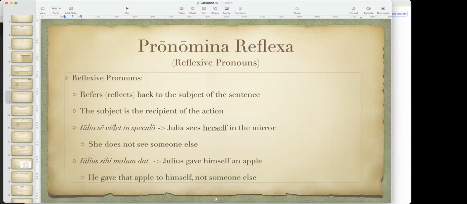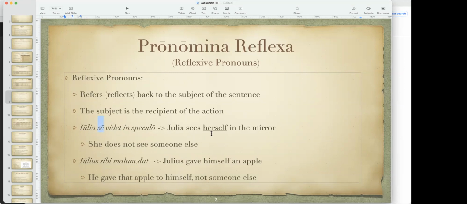So the se here refers back to Julia. And really, we could say Julia sees him in the mirror, or Julia sees her, being another one. And you would put, instead of se, eum for him or eam for her, or id.